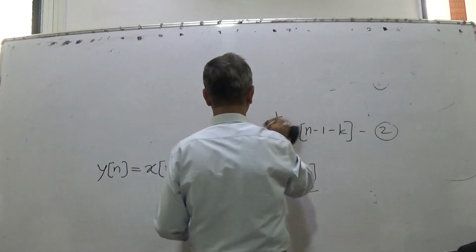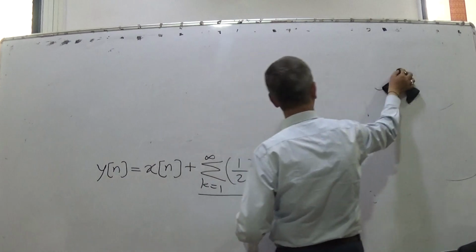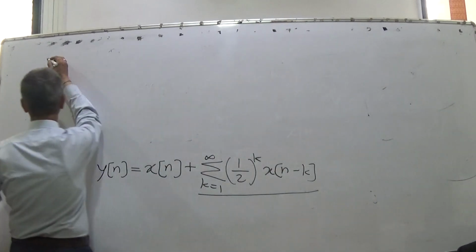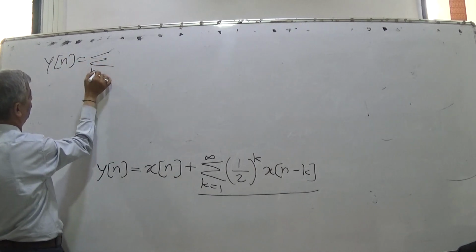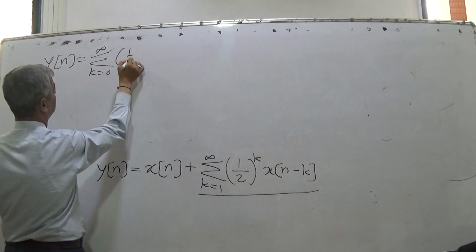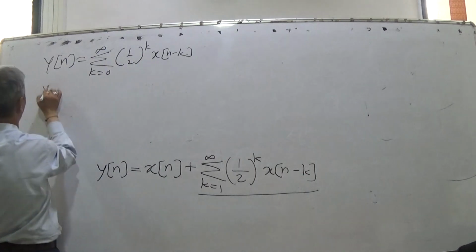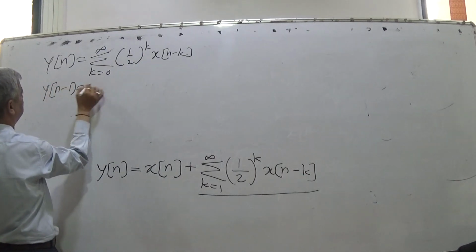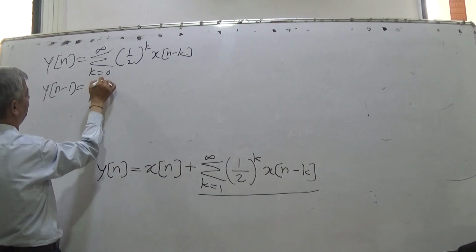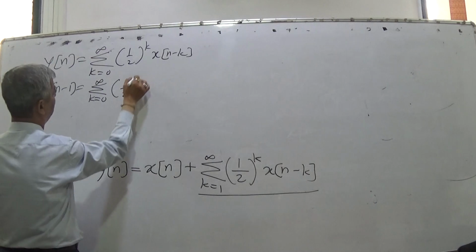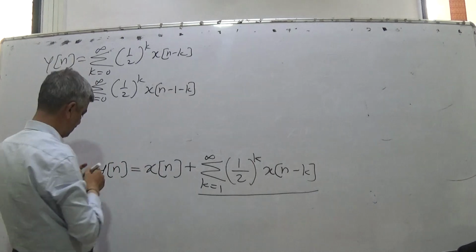I will write separately on the left hand top: Yn is equal to summation k equal to 0 to infinity, half raised to k, x of n minus k, and Yn minus 1 is equal to summation k equal to 0 to infinity, half raised to k, x of n minus 1 minus k. So these two are there.